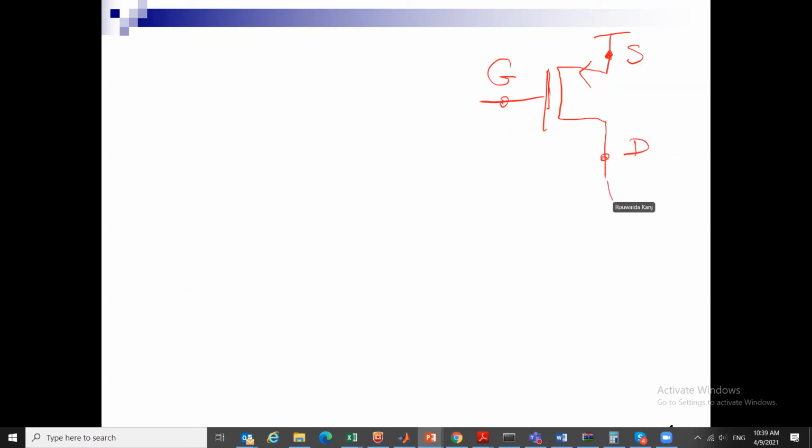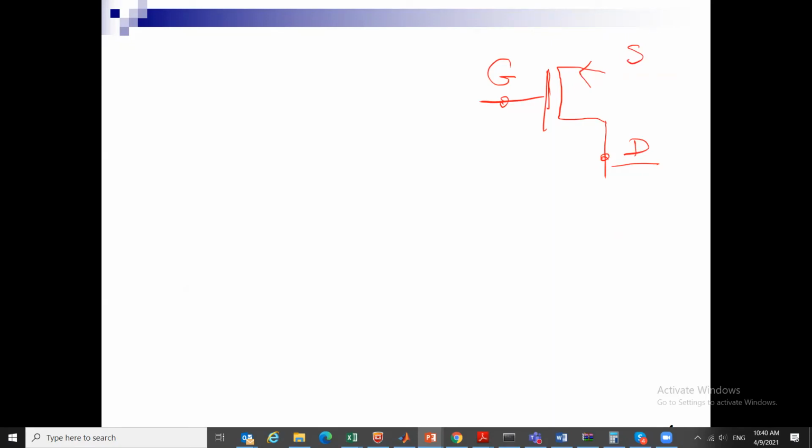And then I can have a resistor, or another NMOS transistor, to perform the inversion. I'm drawing it opposite just for you to be comfortable with the notion VSG, and this is how typically it appears in the circuits.